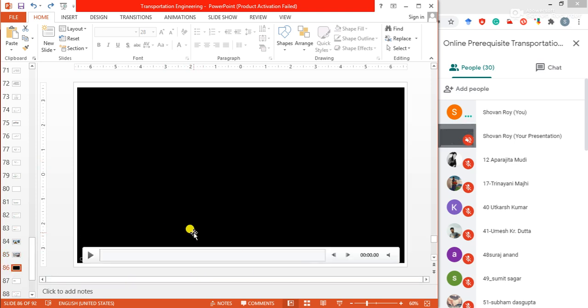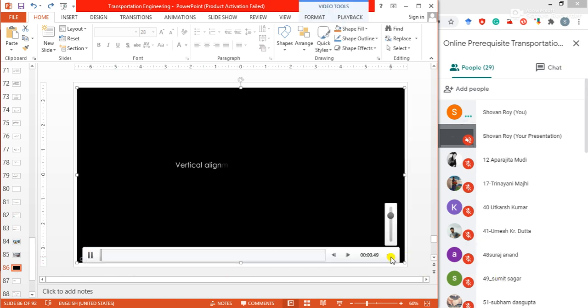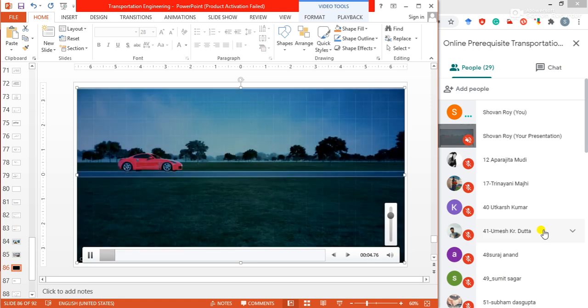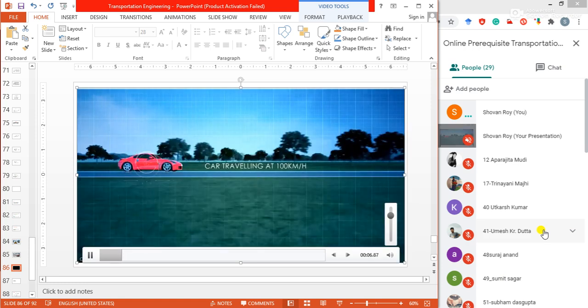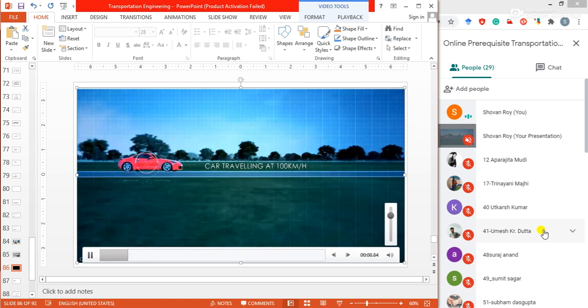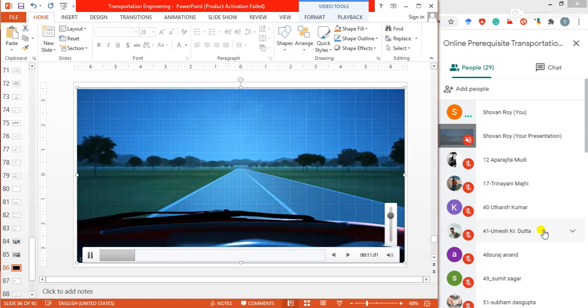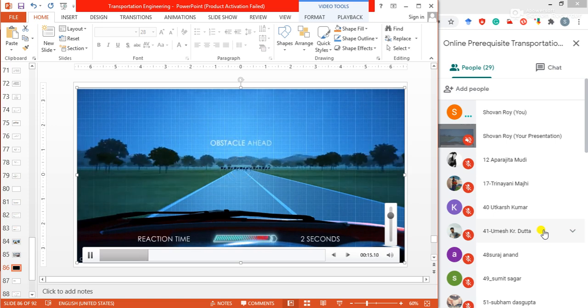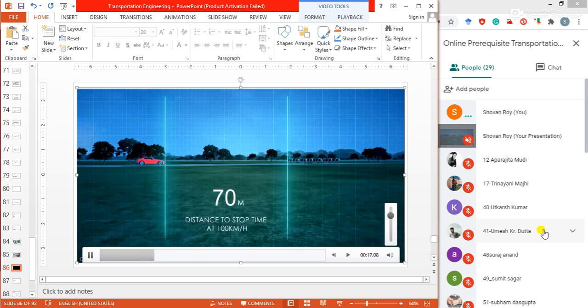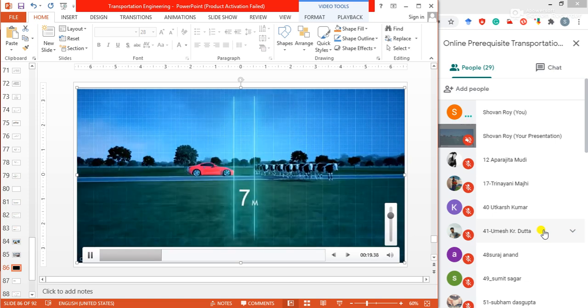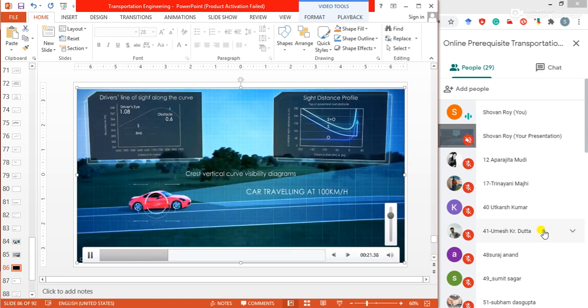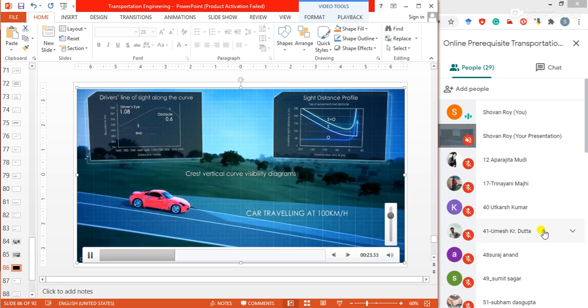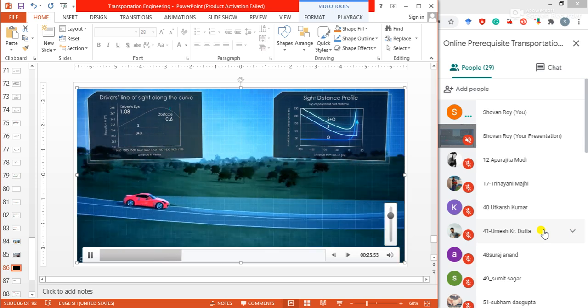Now just see one animation. A car is traveling at 100 km per hour. Now there is a 70-meter distance and some obstructions. Suppose some animals are on the carriageway.